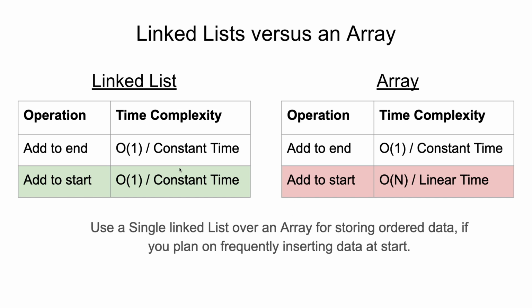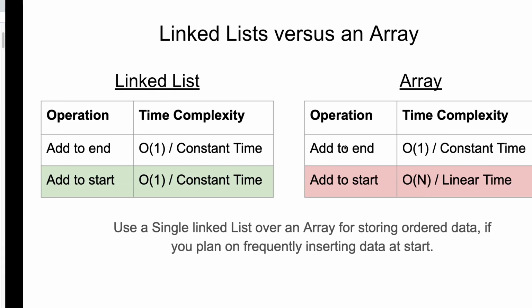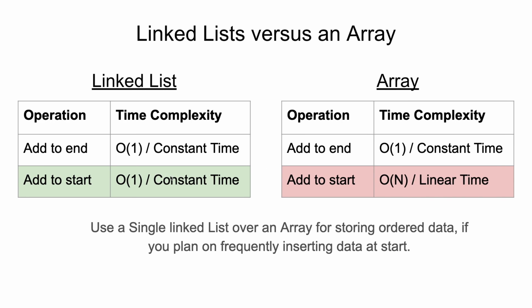So again, I just went over why adding to the start of a linked list is O of 1 or constant time. But for an array, adding to the start of an array for your ordered data is O of n or linear time. As we can see from the big O complexity chart, O of n has fair time complexity, O of 1 is excellent. So linked lists are faster at inserting to the start of the ordered data than an array.